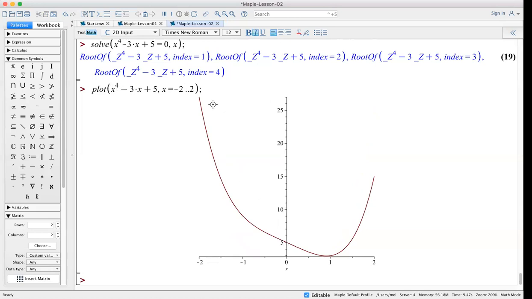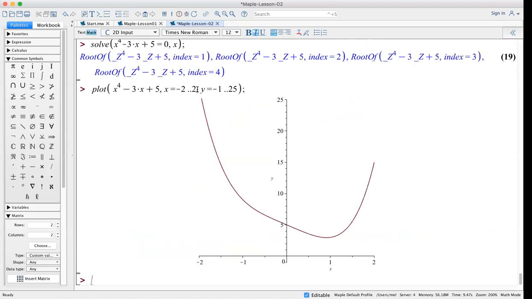Again, it's not coming down to 0. I can also give a range of values for y. Y goes from, let's say, -1 to 25. Let's see what happens. So you can see this fourth degree polynomial never hits the y-axis, never hits the x-axis, so it has no solutions.